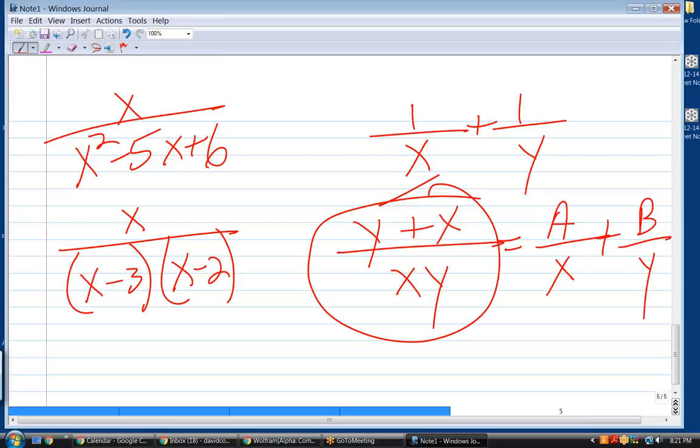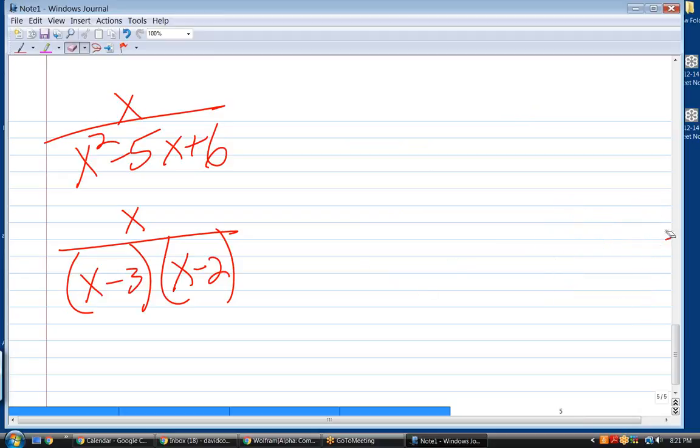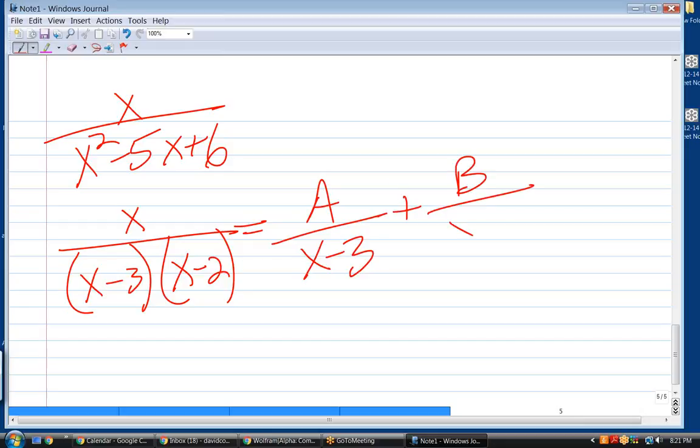And I would discover that a would be 1 and b would be 1. Okay? So that's what we're doing basically. So what I'm going to do with this thing is say that this must be equal to some number over x minus 3 plus some number over x minus 2.